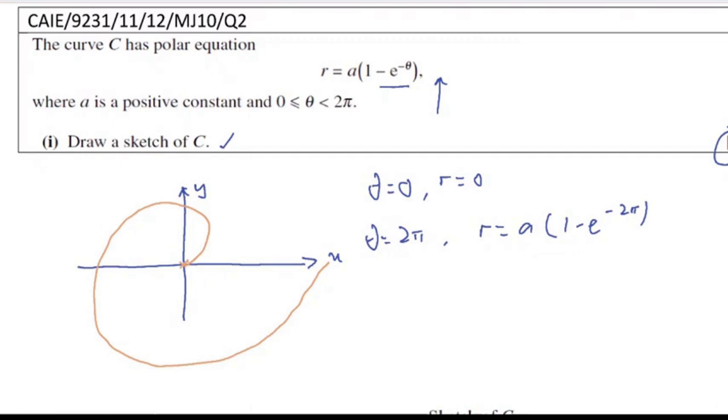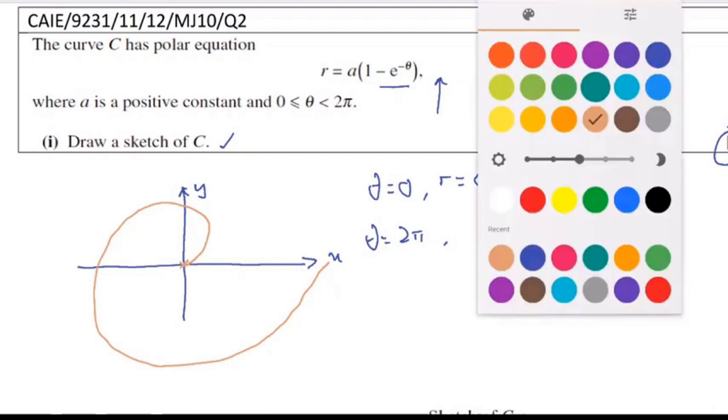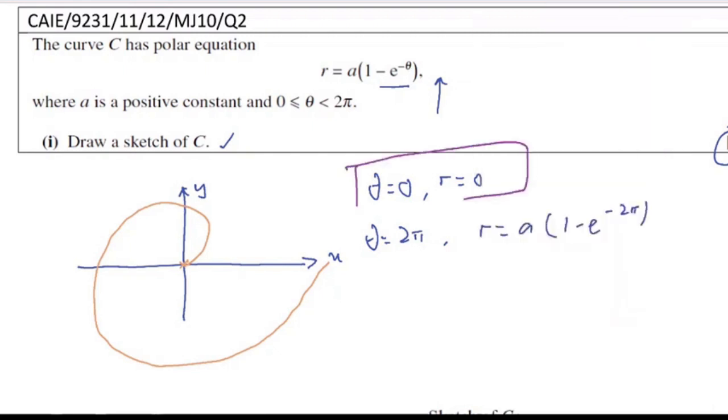It's almost there already, but the thing we always want to pay attention to is the tangential property, because when theta equals to 0, r is 0. This is the point that we need to pay attention to when we sketch, because we are supposed to show that at theta equals to 0, it should be tangential. Tangential means when we start the graph, we shouldn't start so sharp here.